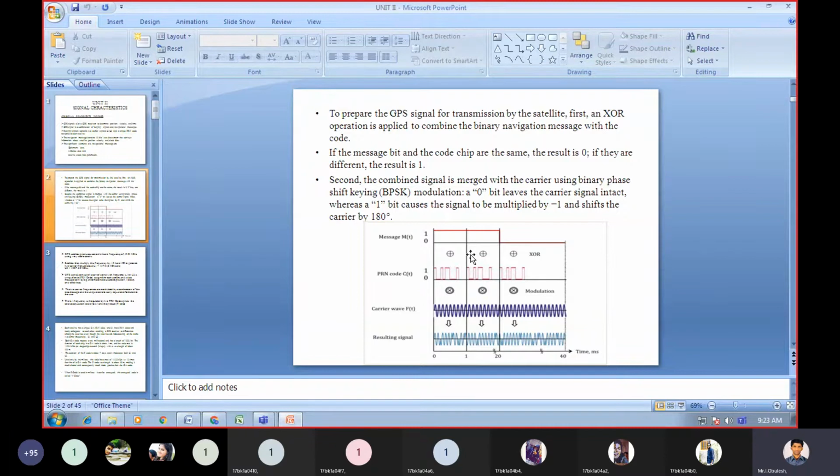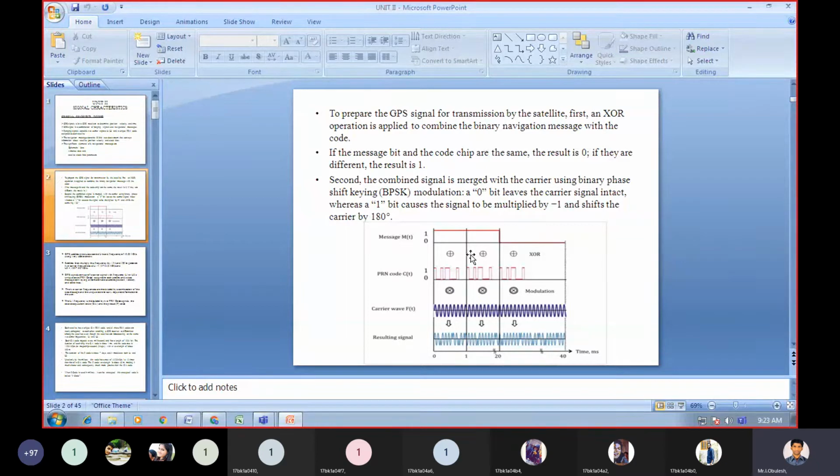This works based on the exclusive OR principle. You need to remember the basic function of exclusive OR. If the message bit and the code chip differ, then the result is 1. This is the principle of the exclusive OR operation. Keep it in mind.